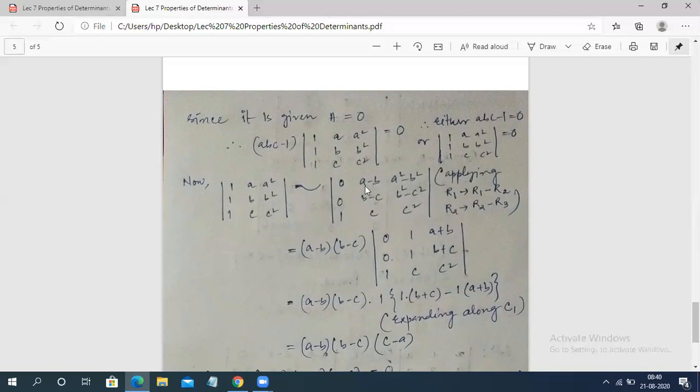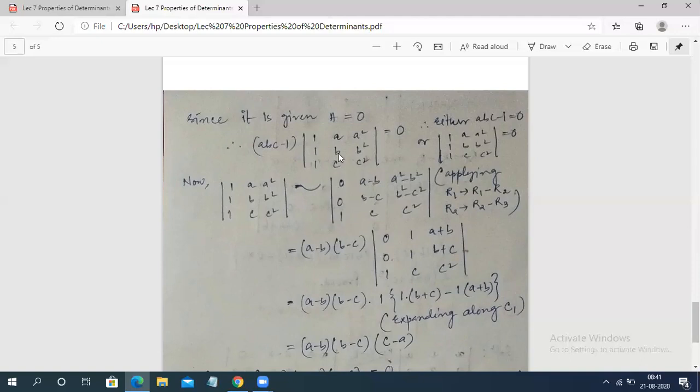Now from R1 and R2, you can see there is a common term A minus B, because we can write A square minus B square as A minus B into A plus B, and in the first row the first term is 0. That is why we can take A minus B common from R1 and B minus C common from R2.